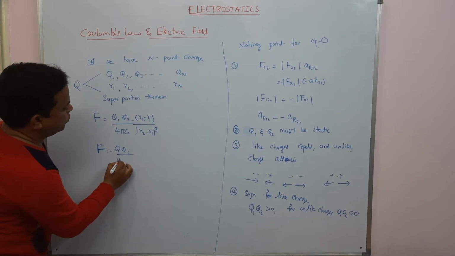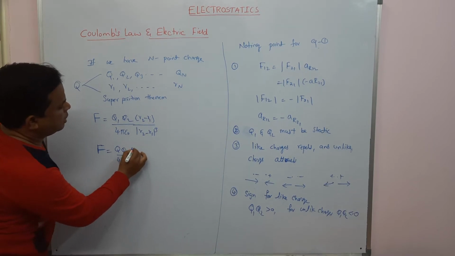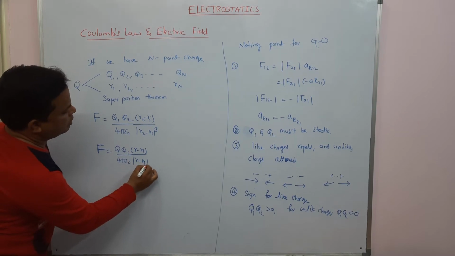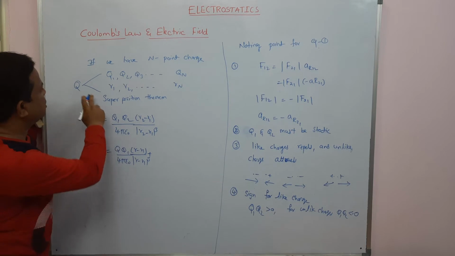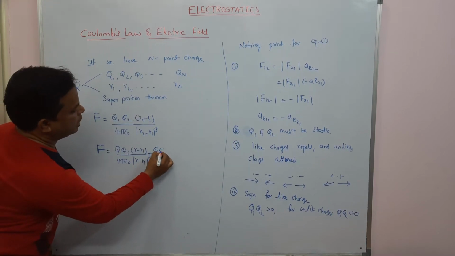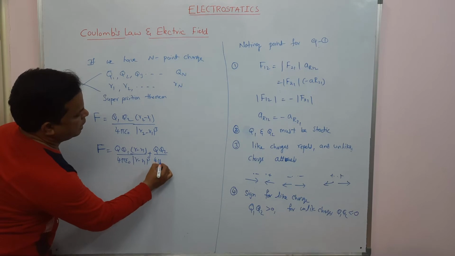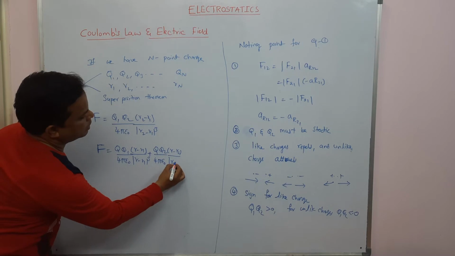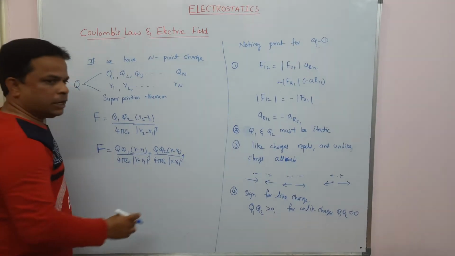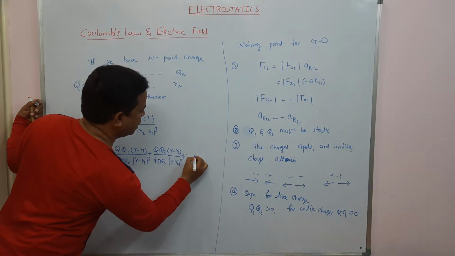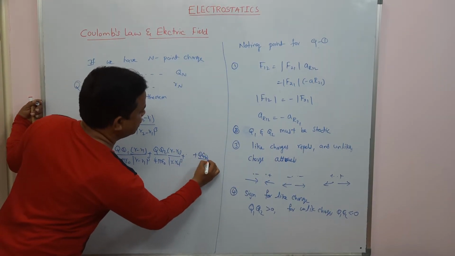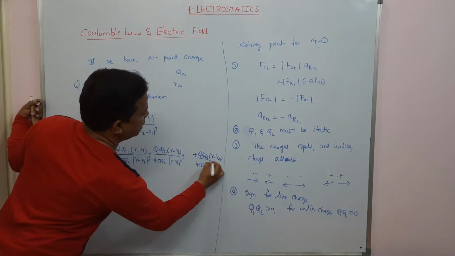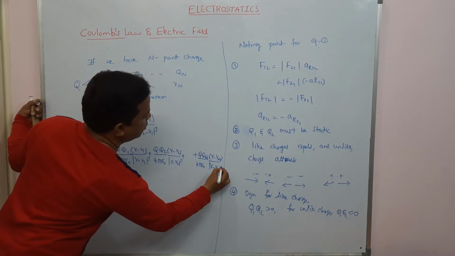q q1 by 4 pi epsilon naught times r minus r1 by mod of r minus r1 whole cube. Similarly for the next charge q2, q q2 by 4 pi epsilon naught times r minus r2 by mod of r minus r2 whole cube, and so on. If I extend this up to n, it will be given as q qn by 4 pi epsilon naught times r minus rn by mod of r minus rn whole cube.